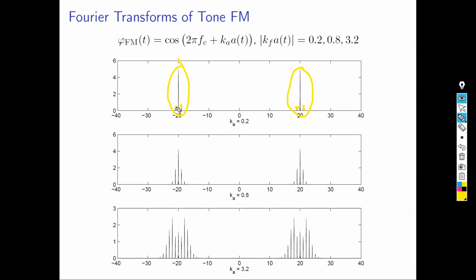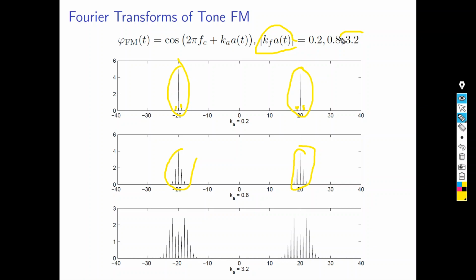When you increase this value to 0.8, you can see that new components start to appear, and the previous components get a little bit larger. It means that the bandwidth of your signal increases as you increase this value.